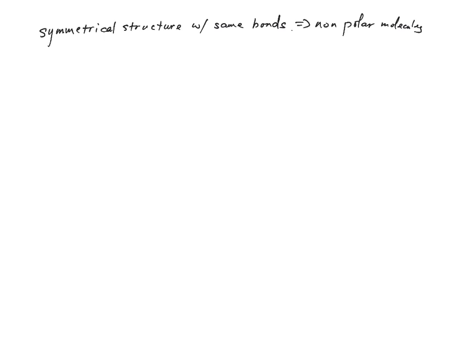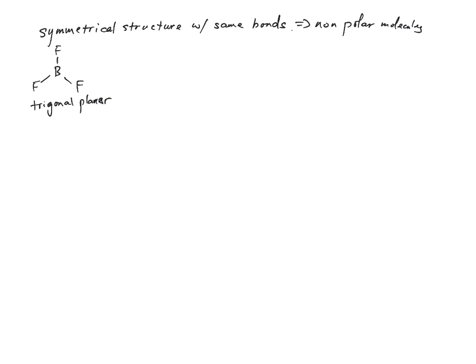What do you mean? Well, think about BF3. This is a trigonal planar shape, a symmetrical structure with 3 axes.